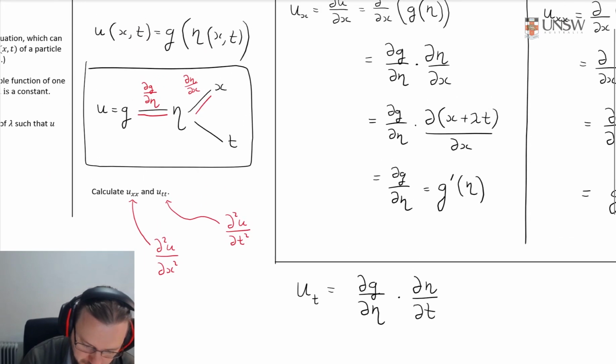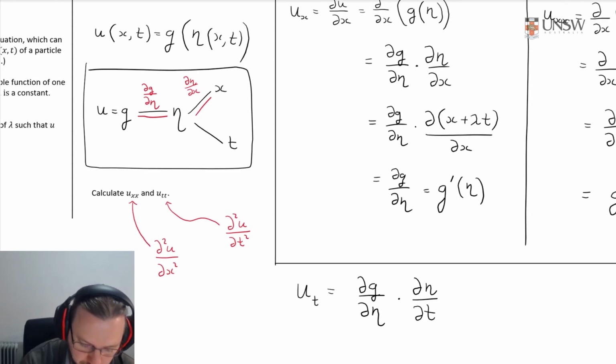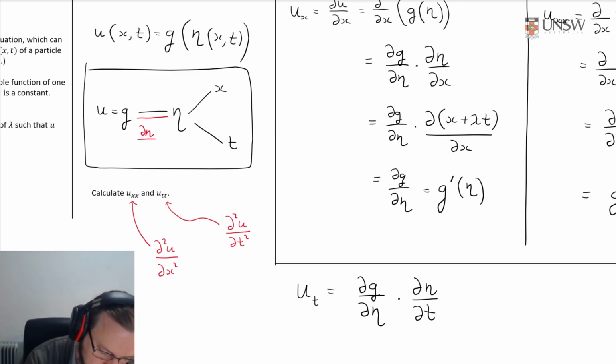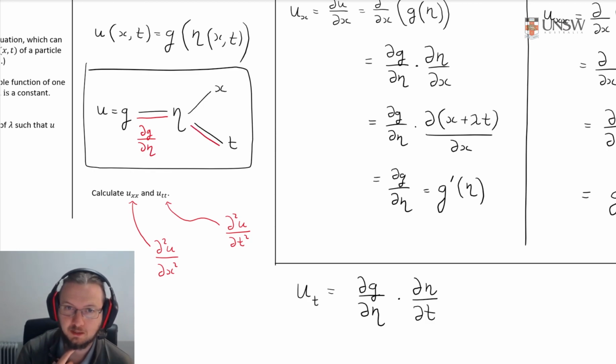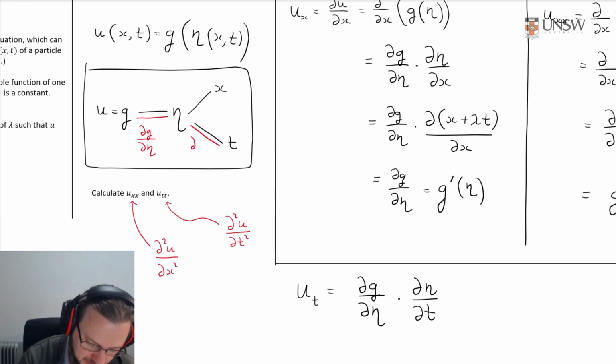So if we go back to my dependency diagram, we can see how this works. It's the same as before. We're still going to look at this chain here. So we're still looking at the derivative of g with respect to eta, but now instead of looking at the x dependency, we're looking at the t dependency.